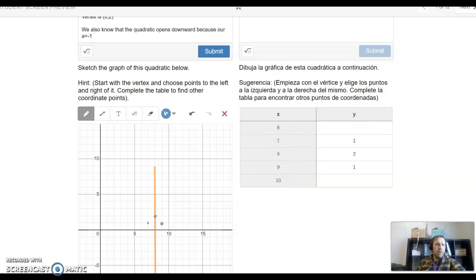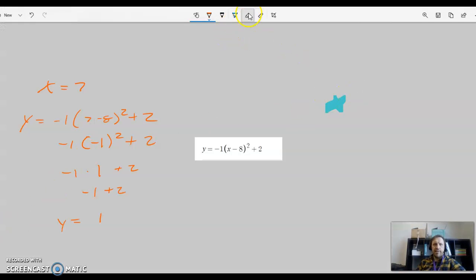So let's go back to our problem. And let's test 6. So if x equals 6, go ahead and try this out on your own and then come back. We get y equals negative 1 times (6 minus 8) squared plus 2. Again, pause this and try it out. See, we plugged in the 6. Negative 1 times negative 2 squared. 6 minus 8, it's negative 2.